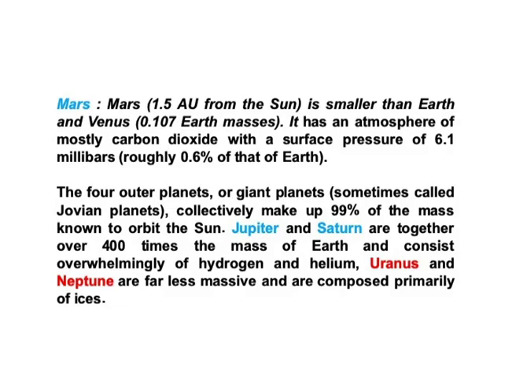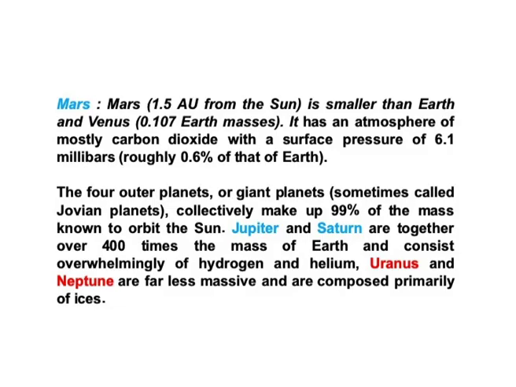Sometimes we call the same planets Jovian planets. Collectively they make up 99 percent of the mass known to orbit the sun.